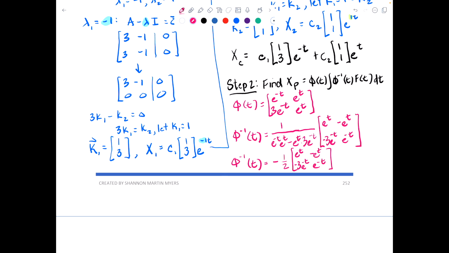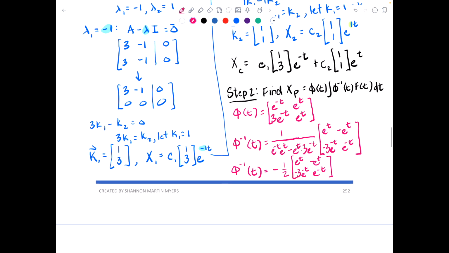Let's see if we need to bring that in. I don't think we really need to, because we're going to be using Φ inverse here. So we could just factor out that negative 1/2. I don't see any problem with that, because it's just a constant. So I'm going to keep it written like this.